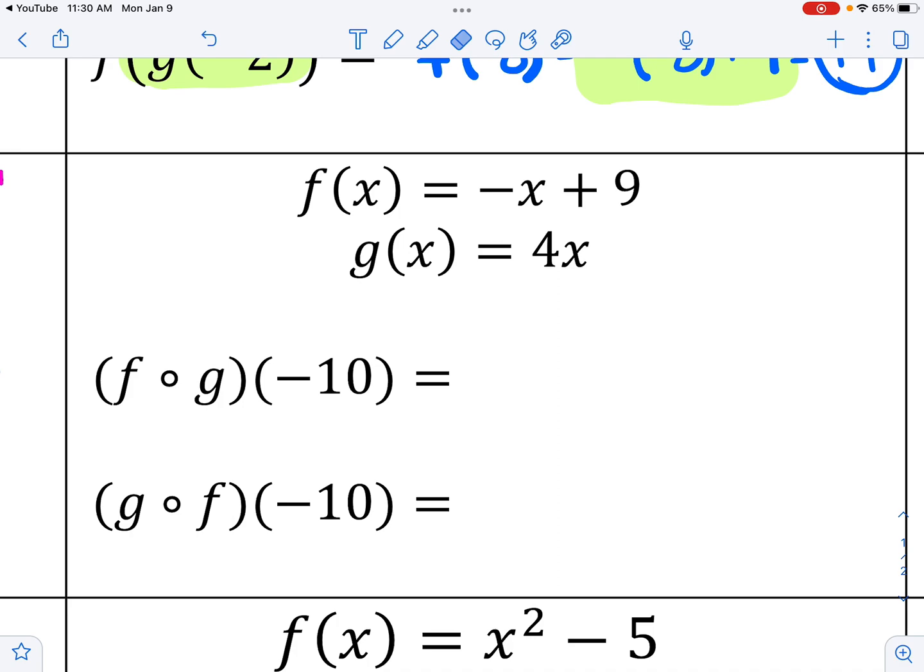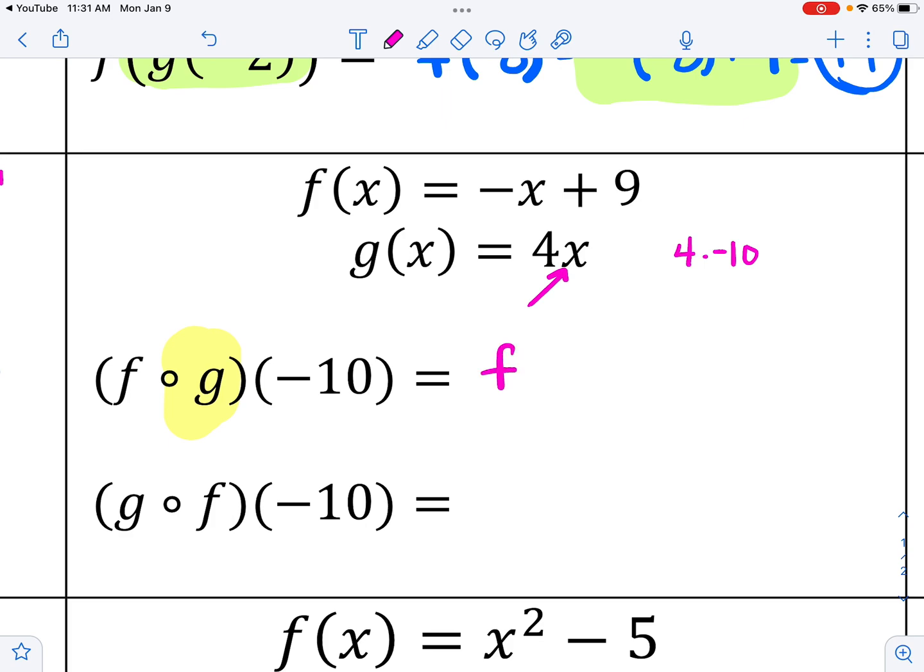So I start on the inside, and I plug -10 into my G function, which means I have 4 times -10. So 4 times -10 into my Desmos calculator gives me -40.